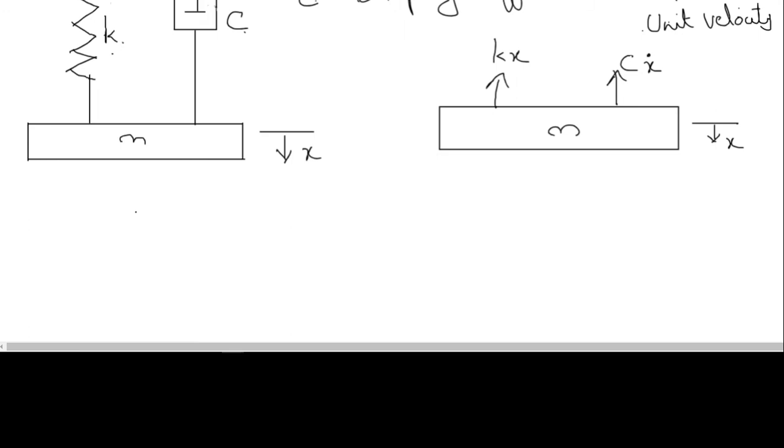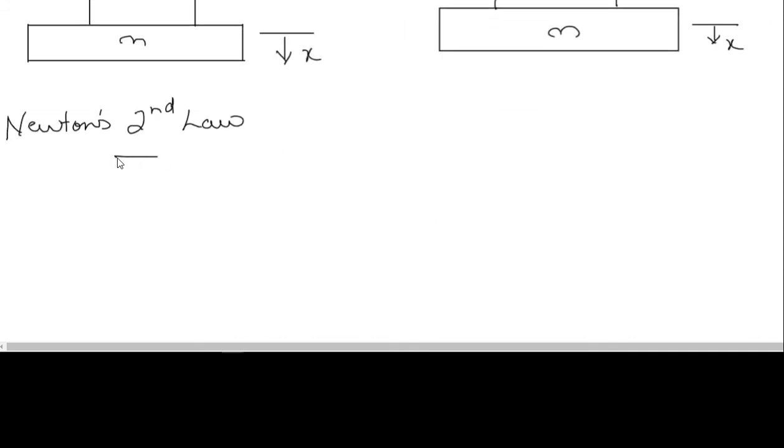So according to Newton's second law, we know the total force acting on a system is equal to mass times acceleration, and we can write acceleration as the second derivative of displacement x.